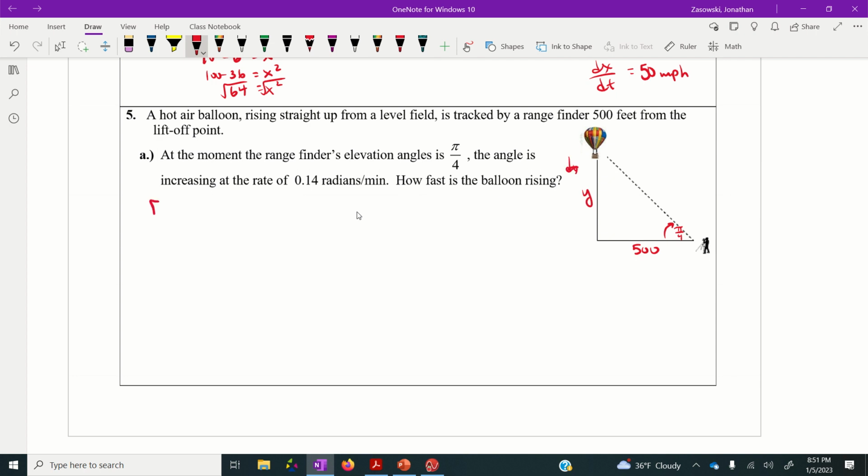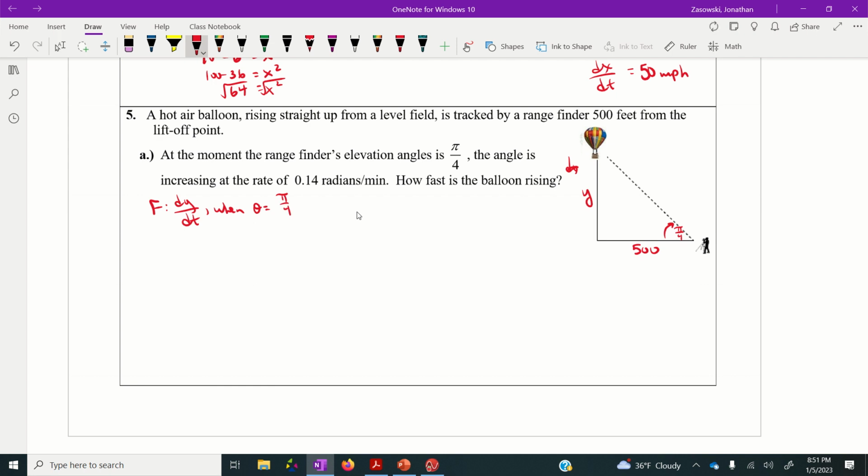So we're trying to find how fast the balloon is rising, dy/dt, when, and what do we know once again, when theta is equal to, not 0.14, it's not a rate, pi over 4, technically radians.